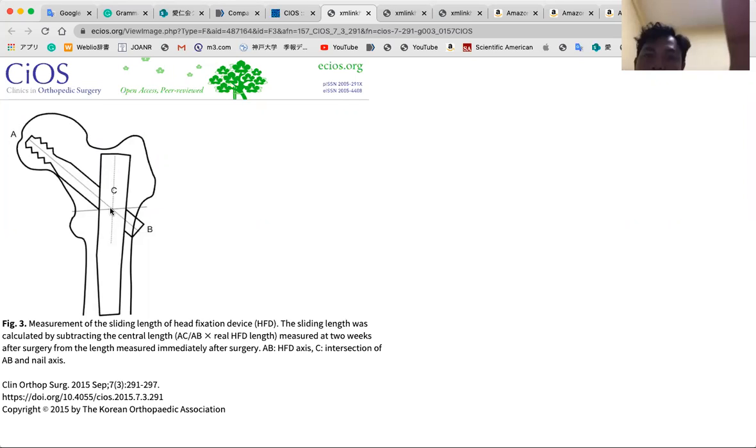This is just after the operation. Then one week after the operation, we calculate the distance from here to here. If it is reduced to 60 millimeter, we can calculate the sliding length is 10 millimeter.